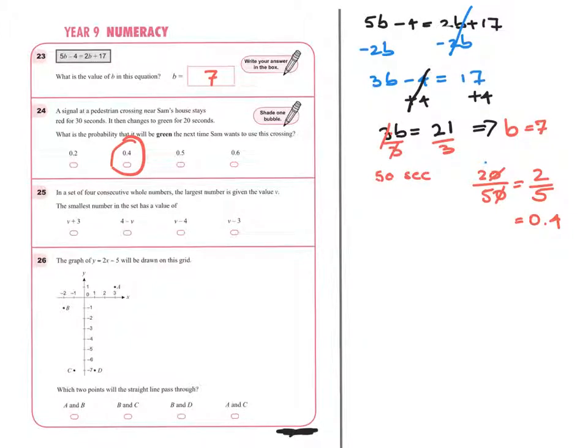Question 25. In a set of 4 consecutive whole numbers, the largest number is given the value v. The smallest number in the set has the value of whatever we have listed here. First we have to know consecutive whole numbers are the numbers one after another.